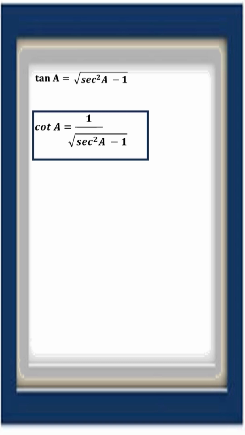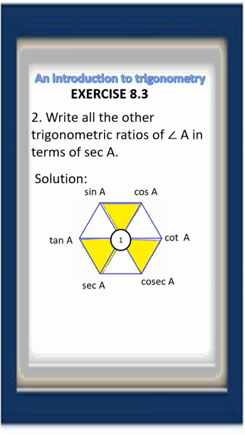This is the solution. Now let us express cosecant A in terms of secant A. We know that cosecant A and sin A are reciprocal ratios. So cosecant A is equal to 1 over sin A. Sin A is equal to what?